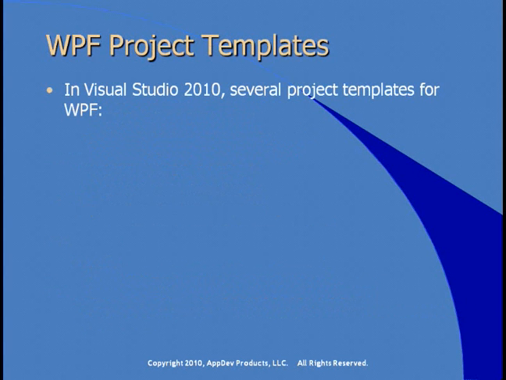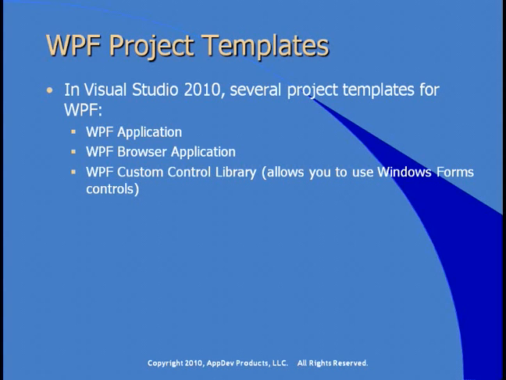Visual Studio 2010 provides several project templates for WPF. You can create a simple WPF application, a WPF browser application. There's a WPF custom control library which allows you to use Windows Forms controls, or a WPF user control library which allows you to create new WPF controls.